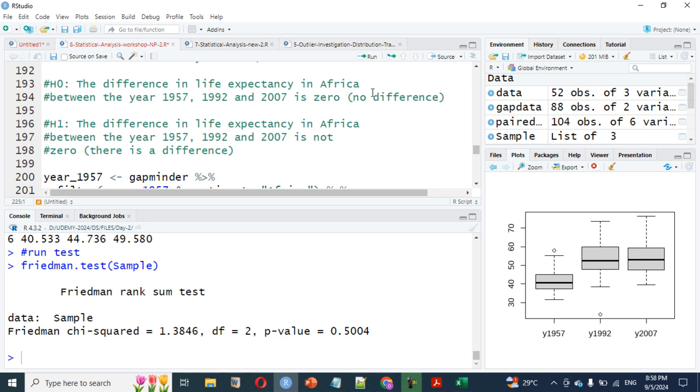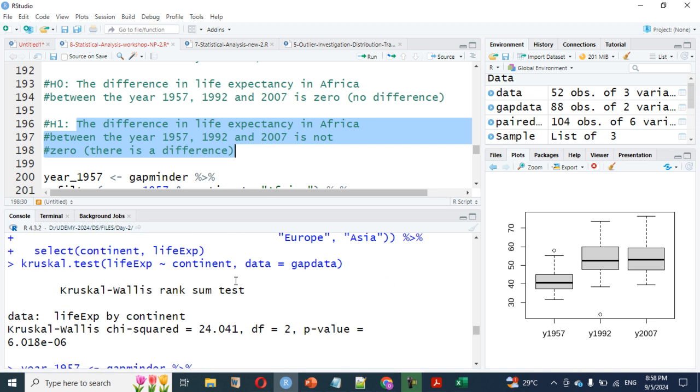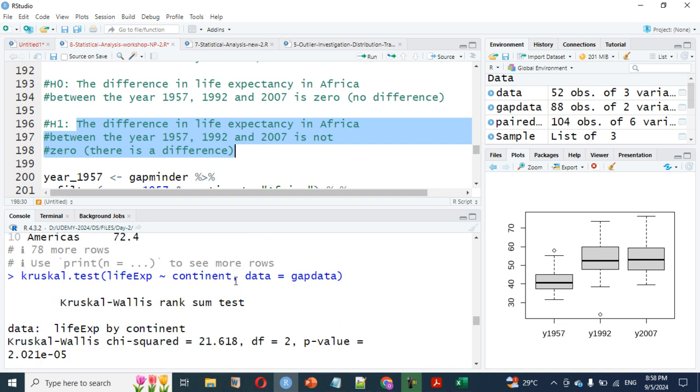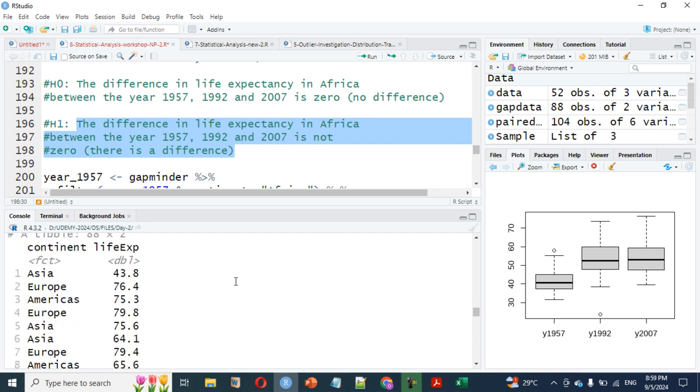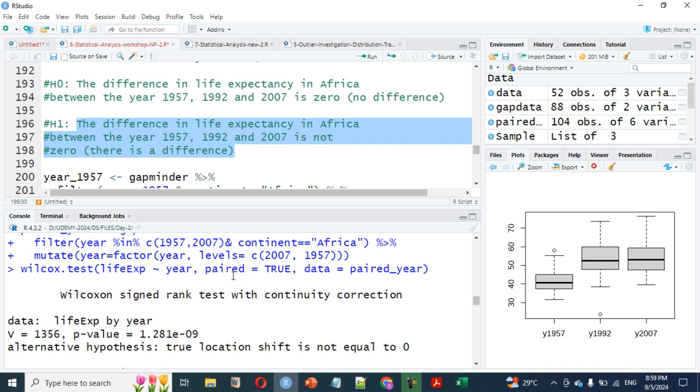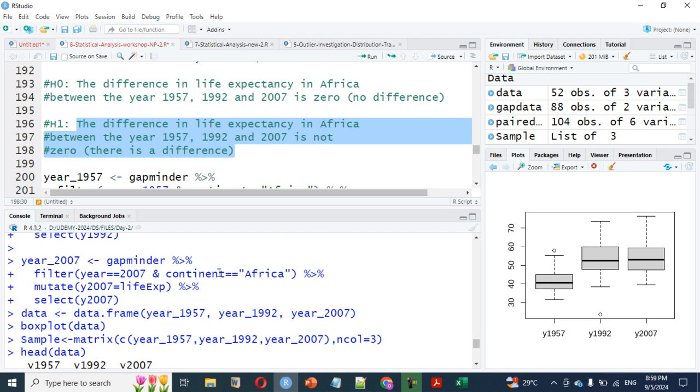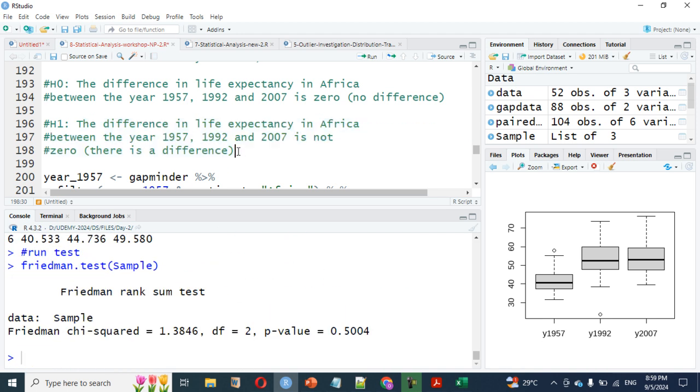It means we reject the alternative hypothesis, the one we did before saying the time is different. So we reject the alternative hypothesis. We do not reject the null hypothesis, because it is not significant, which means it is 0 or no difference. That's what it means.